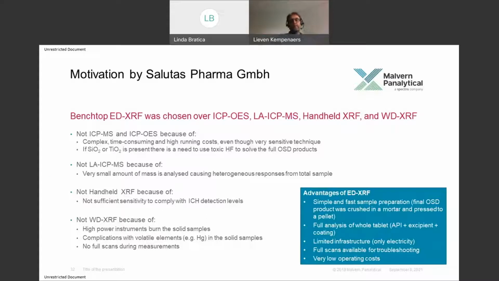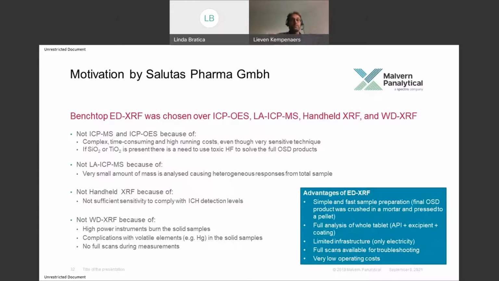They also mentioned the advantages of ED XRF as it's a simple method, and in this case for them specifically, it's an easy method for sample preparation because we only have to crush the end product, the tablet, and press it into a pellet. And that also means that they analyze the full tablet.